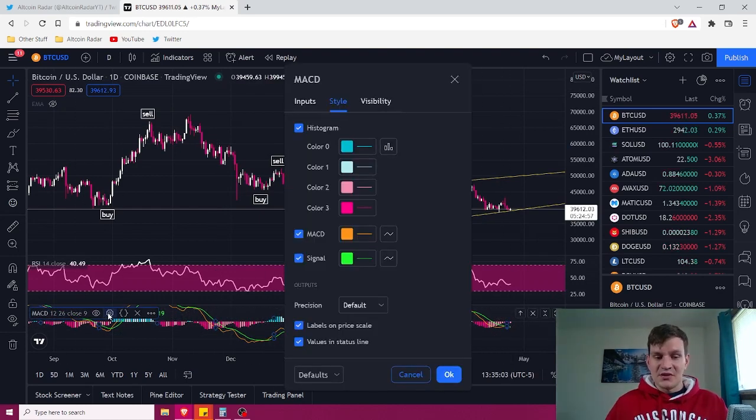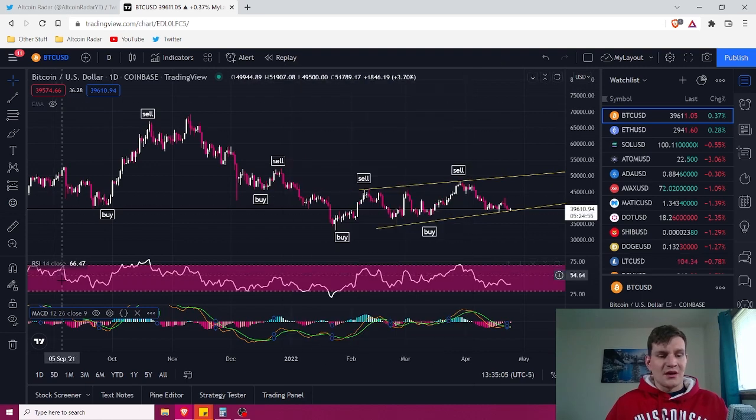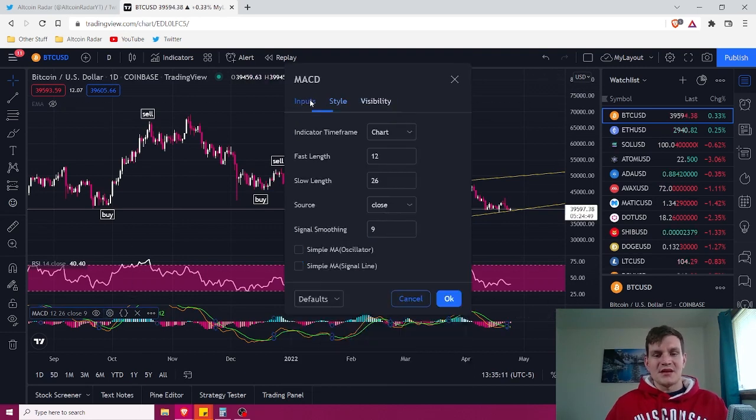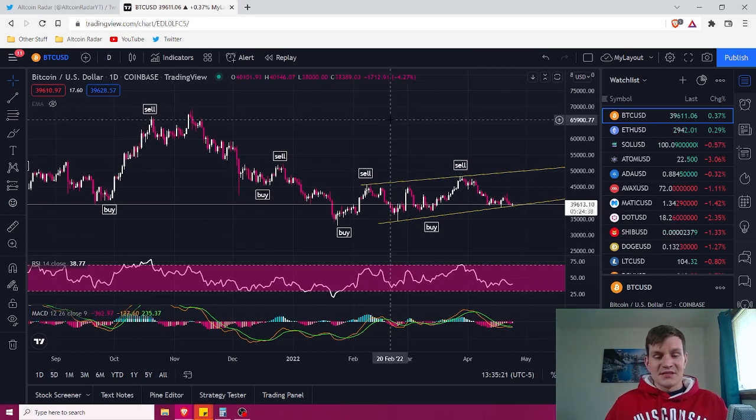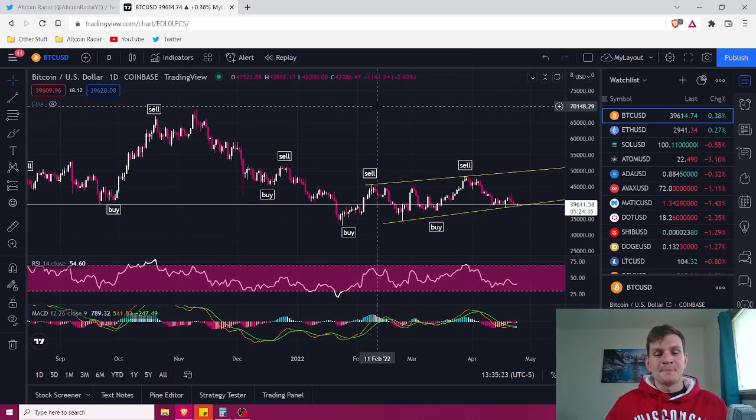Now for the inputs, once it's down here, hover over it, click on the gear icon, and make sure the inputs are set how they look here: 12 for fast length, 26 for slow length, and 9 for signal smoothing. All right, so this is how I go about finding the dip.